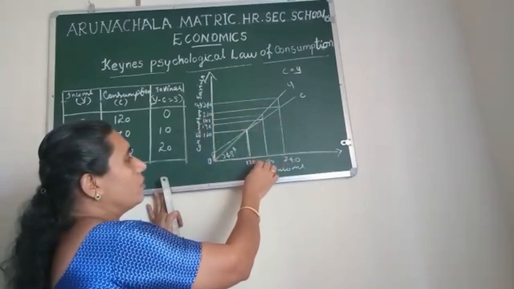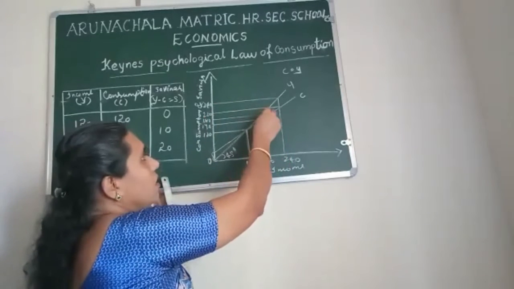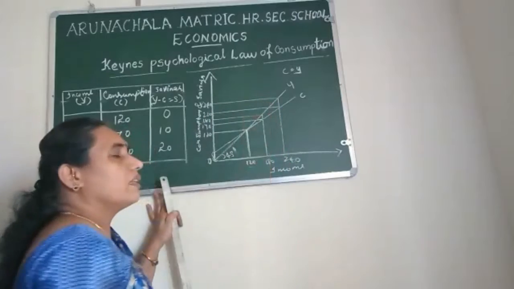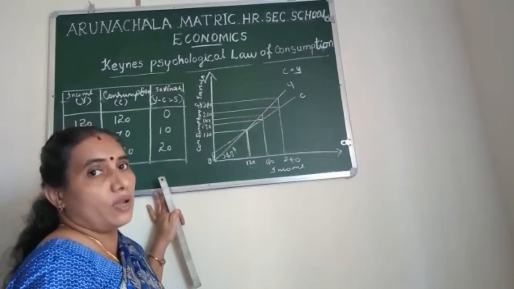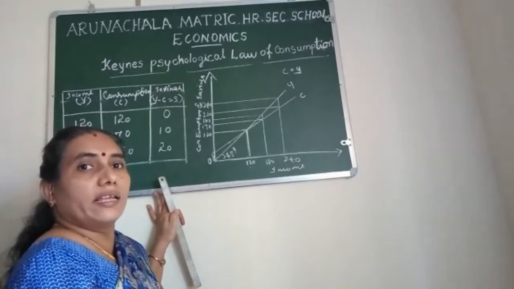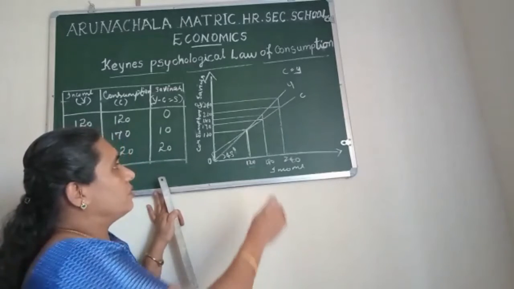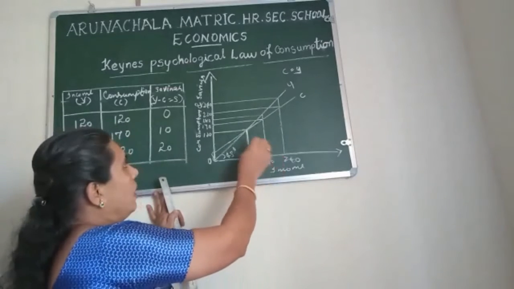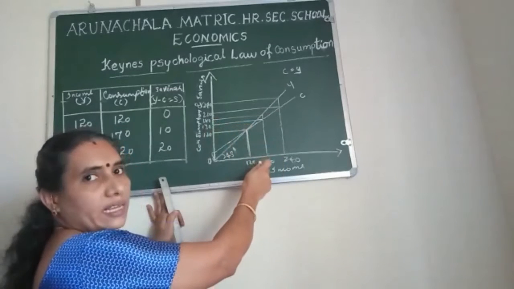So you see here the first proportion: when the income increases, consumption also increases, but by a smaller amount than the income. Like you see here 180 and 170, so it is smaller than the increase in income.